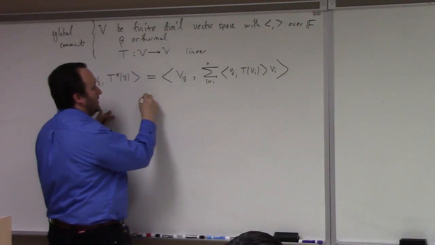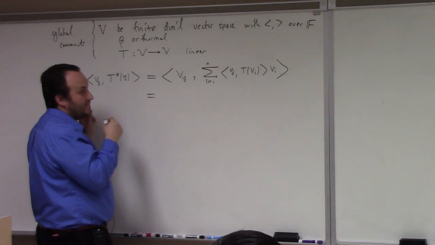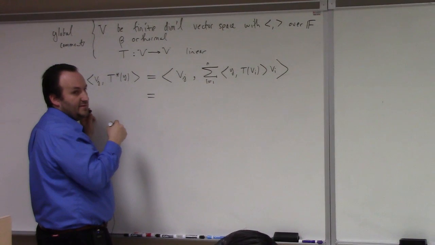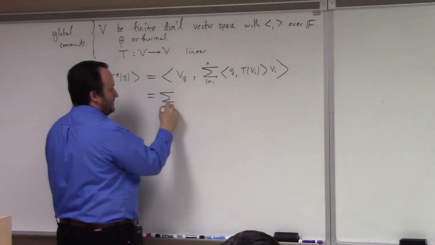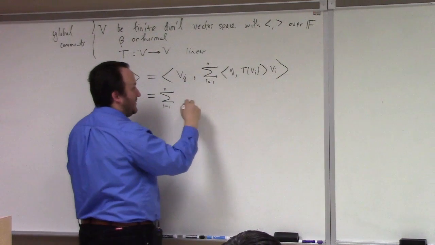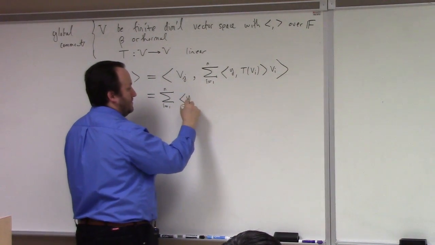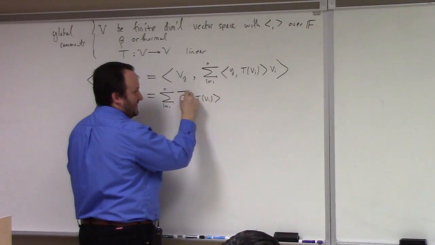Now, the inner product is conjugate linear. So if I pull this sum out, I can do that. But when I pull scalars out of here, like this is a scalar, what do I get? Complex conjugate.